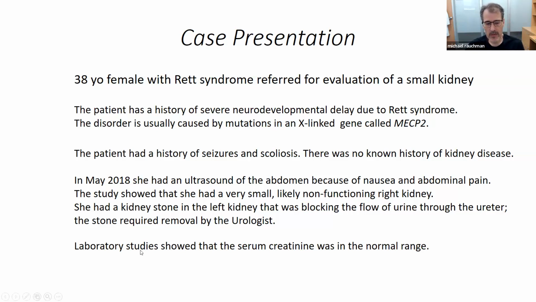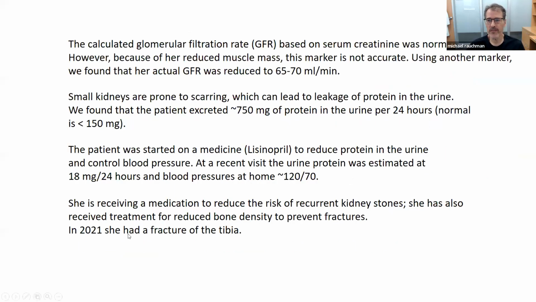At the time, her laboratory studies showed that her serum creatinine, this measure of her kidney function, the filtration rate, was well within the normal range. So she came to me and we proceeded with an evaluation. The calculated filtration rate based on her creatinine was normal, greater than 90.